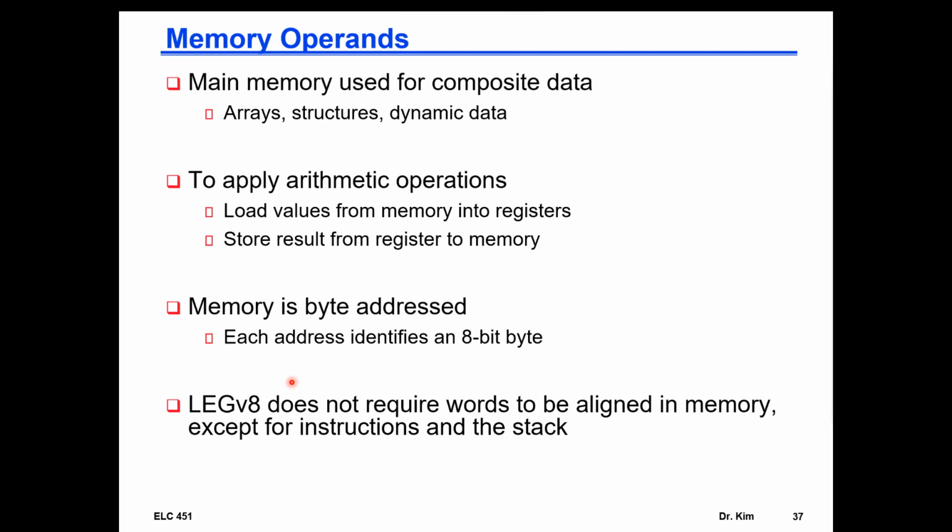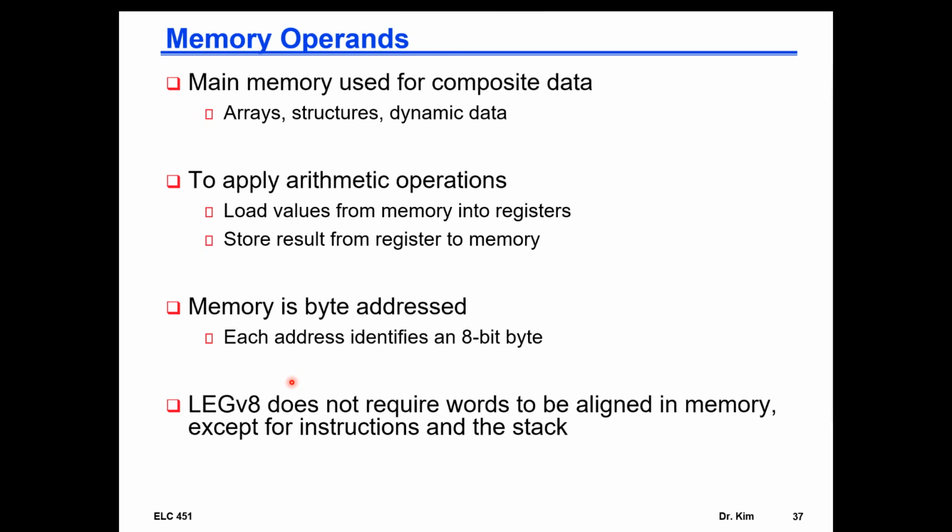The other thing, as part of the ISA, is that the data does not require the words to be aligned at memory or word boundaries. So remember that a word is 8 bytes.